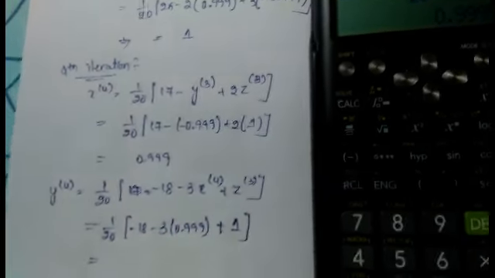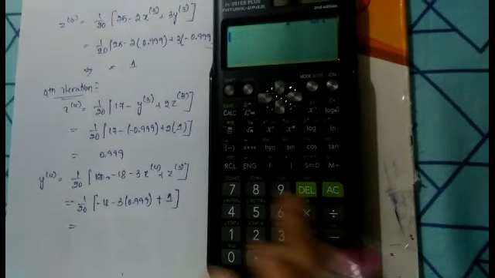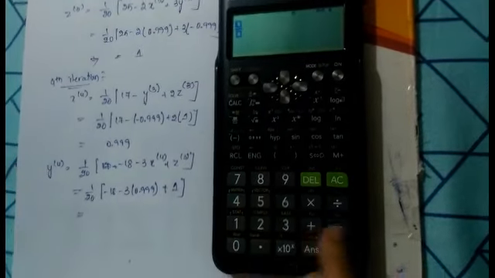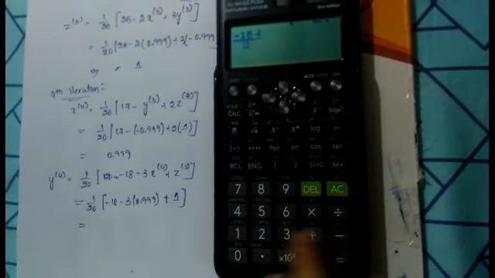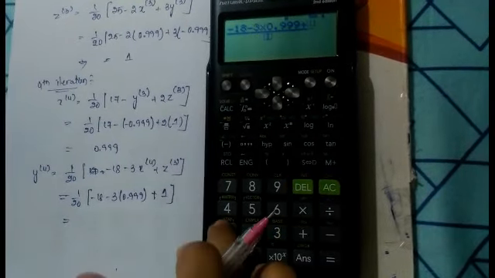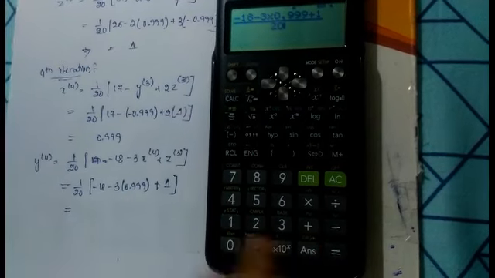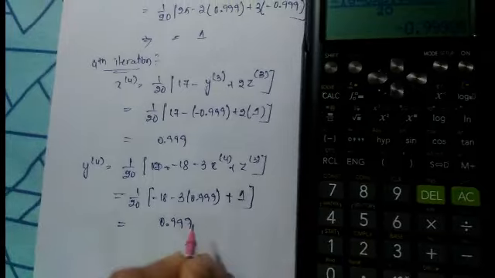Then enter the values in Calci. Click on AC. Then minus 18 minus 3 into 0.999 plus 1. Get the cursor into the denominator, enter value 20. Then also you got it as 0.999.